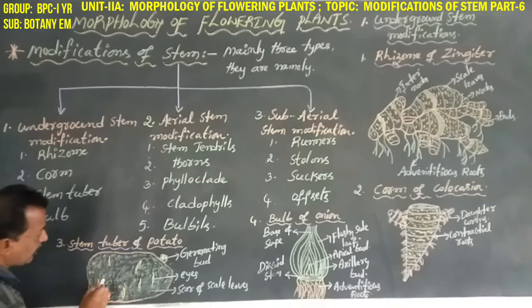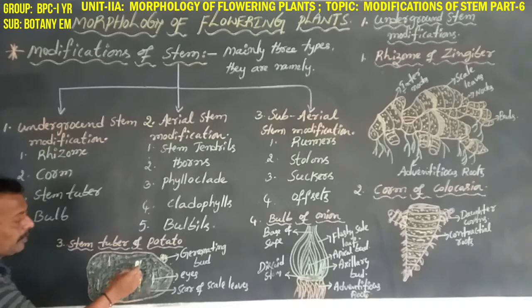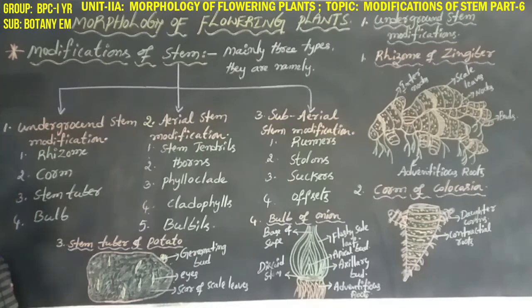It contains nodes and internodes, but the internodes and nodes are not clearly visible. These nodes are represented by the eyes, so it bears many eyes. So dear students, this is a stem tuber of potato.